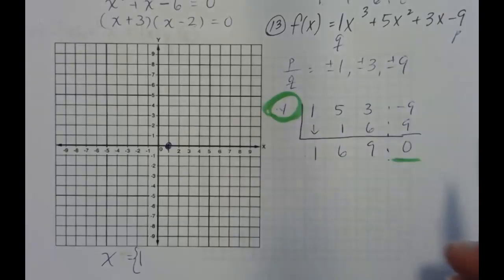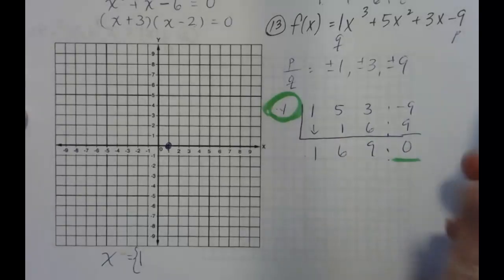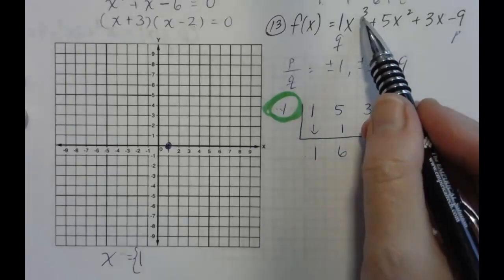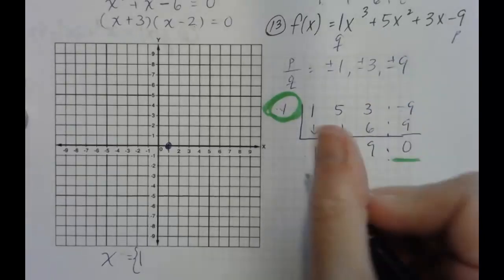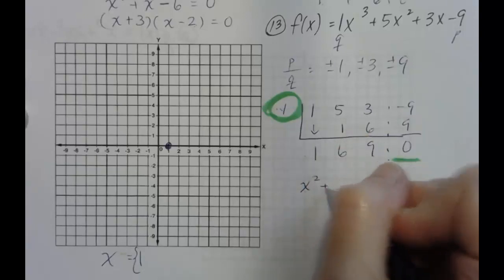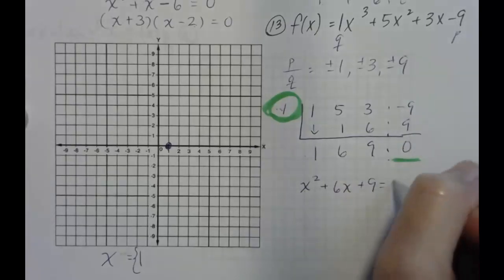Now, you could use another P over Q and divide again like we did in the last one. But I see something special here. This is factorable. We just depressed our polynomial from a third degree to a second degree. So what we have left is 1x squared plus 6x plus the 9.